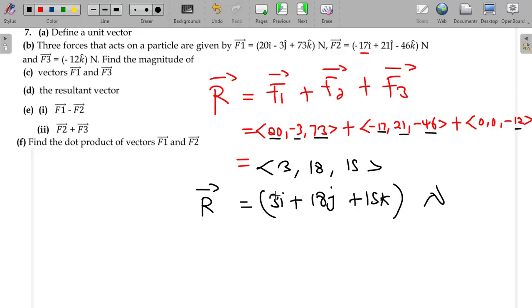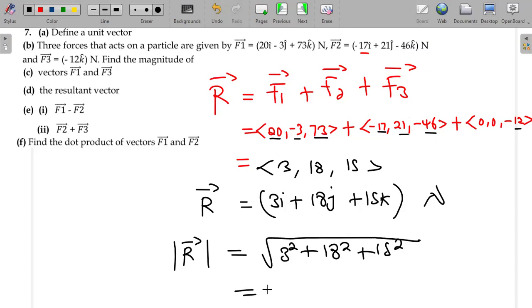And then if we want to find its magnitude, we're just going to say magnitude of the resultant is going to be equal to 3 squared plus 18 squared plus 15 squared, and then we take the square root. So all that gives me 558.